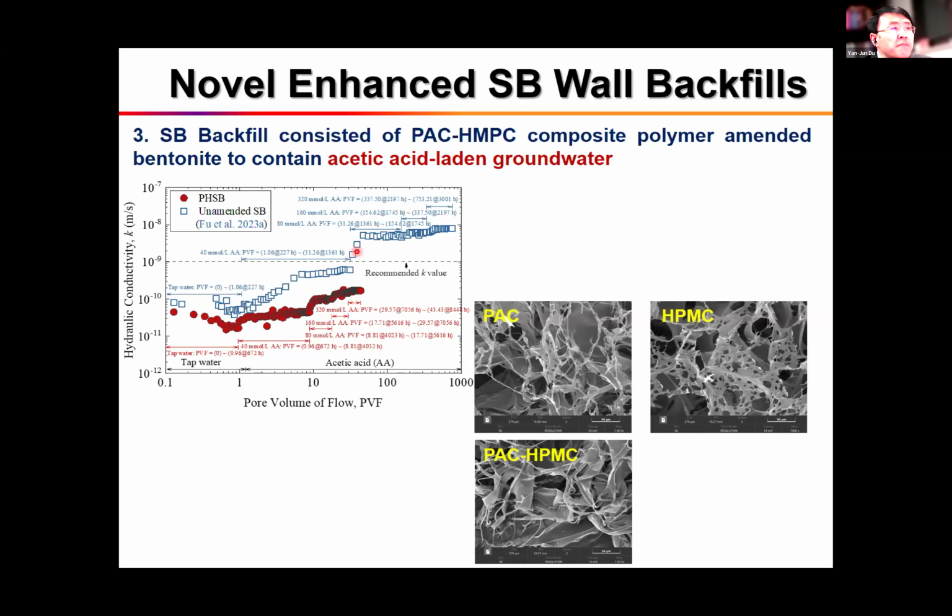However, for the unamended backfill, when the concentration of the acetic acid increases, the Kc of the unamended backfill is higher than 10⁻⁹ meters per second. In summary, we get good Kc for amended backfill, but poor Kc for unamended backfill when exposed to acetic acid leachate groundwater.